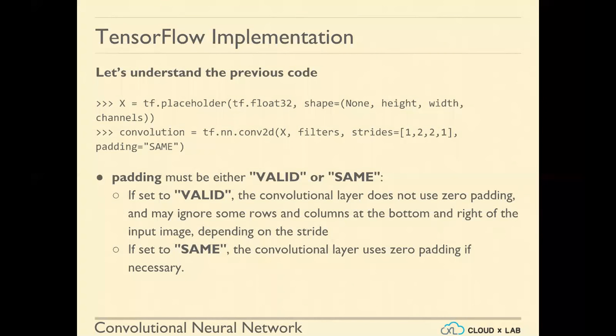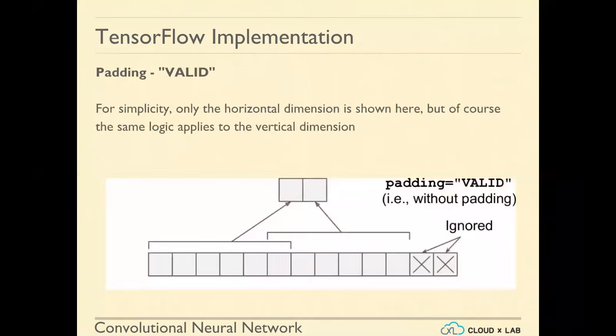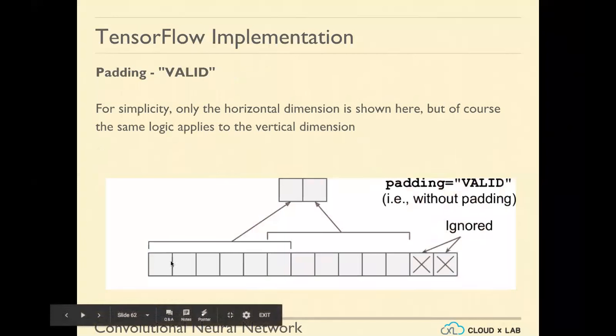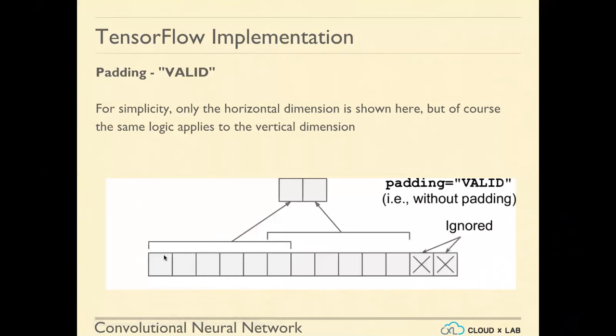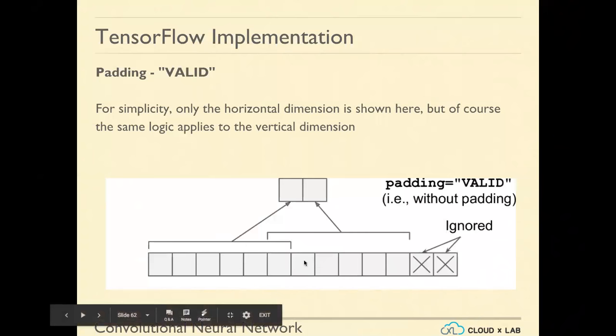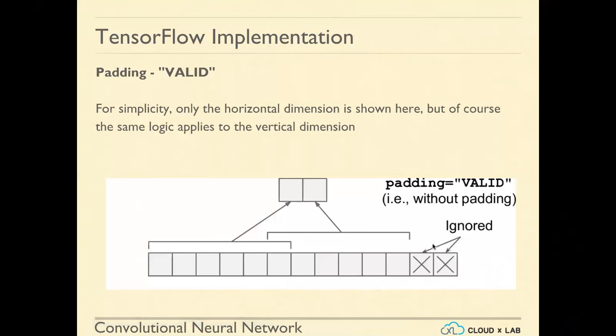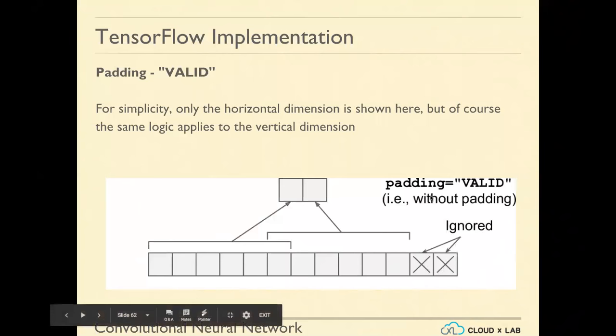In that case, if we don't want to miss any data, we can use same padding. For example, if the first was this and our stride was of 1 2 3 4 5, and we move to the next one by 5, now we completed this. Now the next one would be this one, but since that goes beyond the actual data, if the padding is valid, then these two will never be covered. Is this clear to everyone?